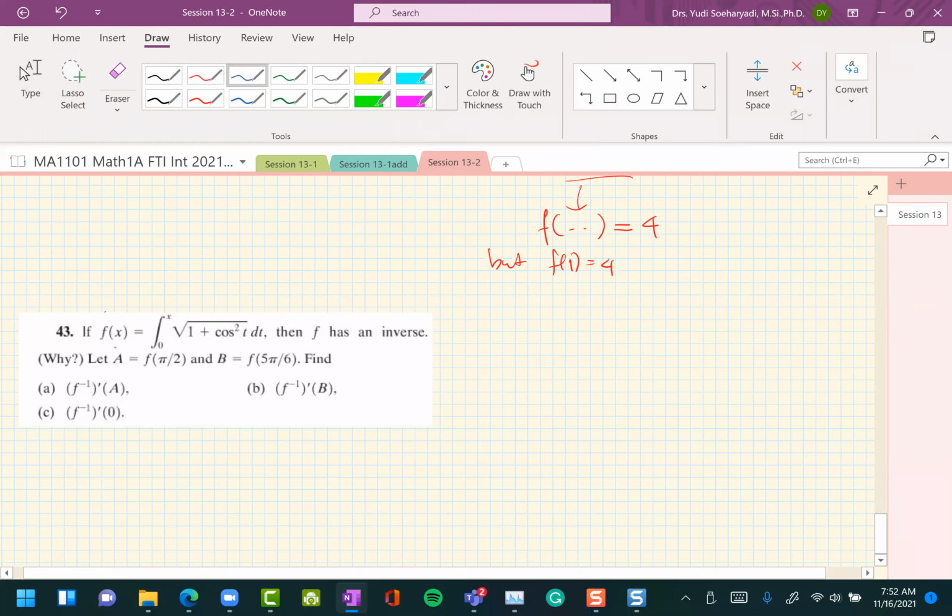All right. F is given as an integral. Okay. All right. So first thing, let's check this one.